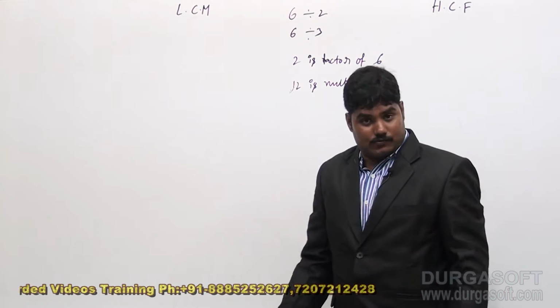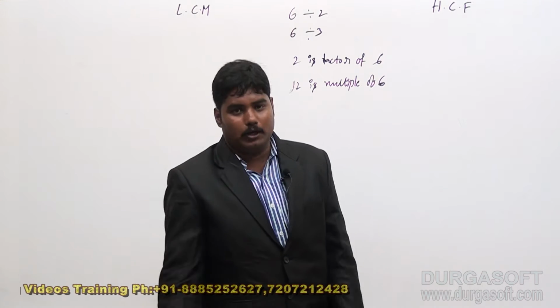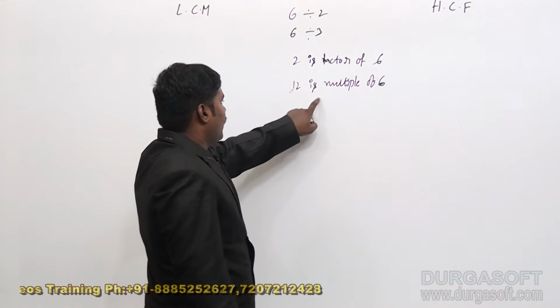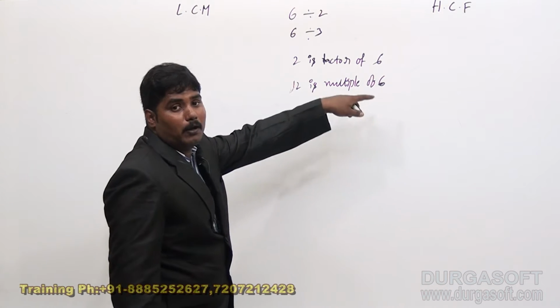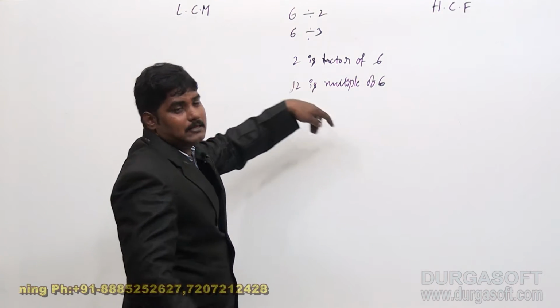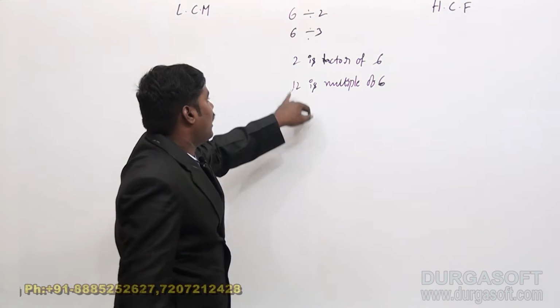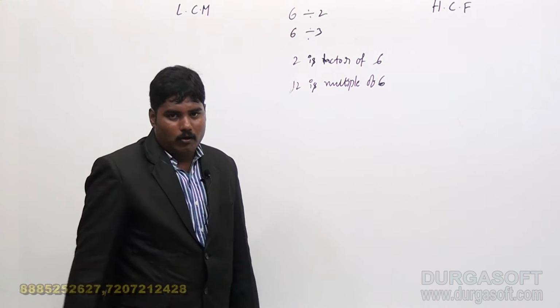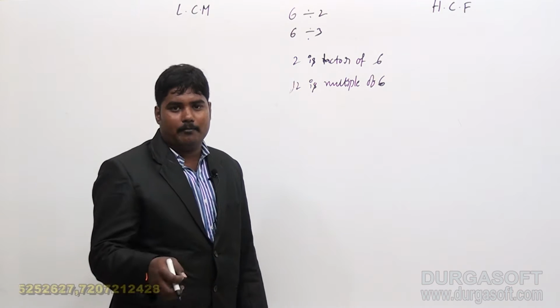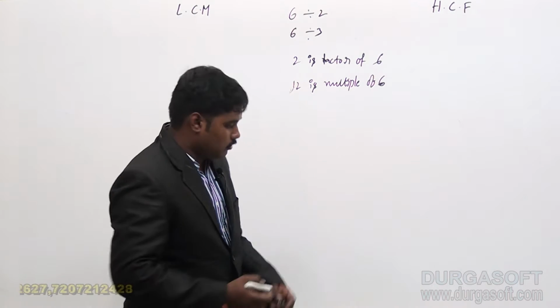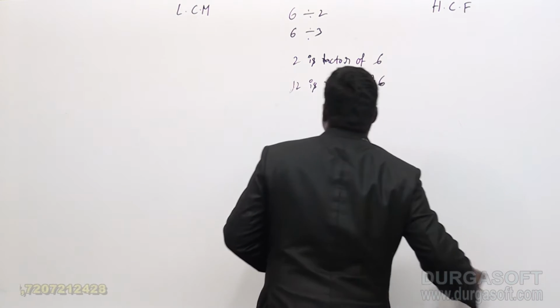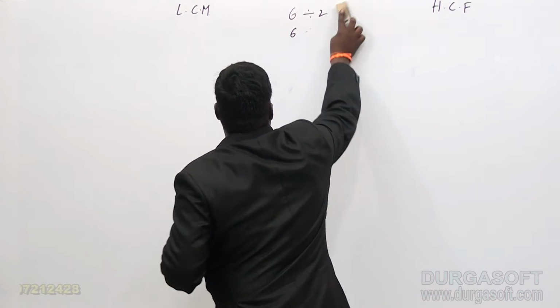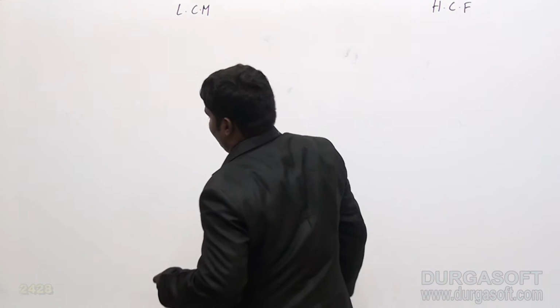Multiple means 6 into 1, 6 into 2, 6 into 3, like that. So 12 is a multiple of 6. A factor is a number that can divide a particular number. This is the major variation between a factor and a multiple.